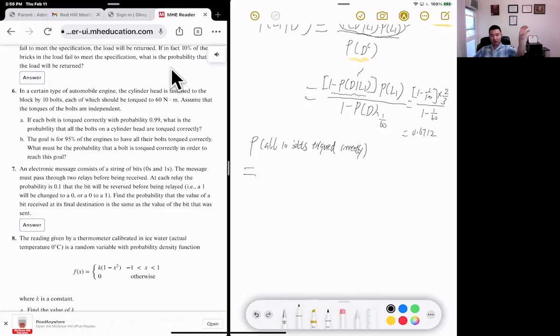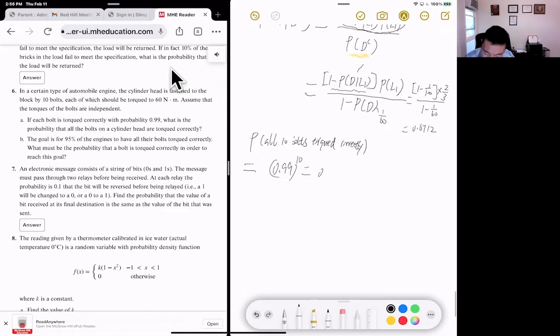The first step is we torque the first bolt, 99%, we get it correct. Then the second step is the second bolt, 99%, we get it correct, and so on, third, fourth, until the 10th bolt. So all bolts torqued correctly will simply be 99% to the power of 10. So we have around a 90% chance we torque all 10 bolts correctly.